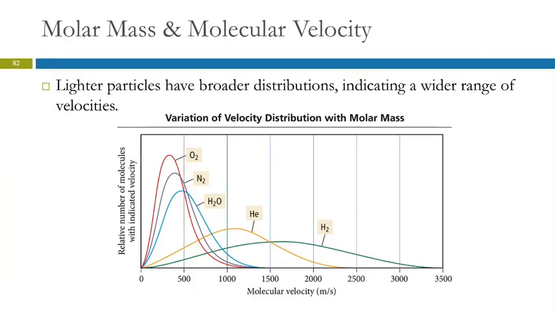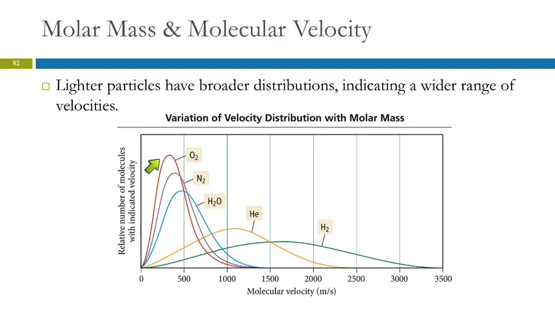So we talked about how temperature is the average kinetic energy. So there's a distribution of velocities. There's a distribution of kinetic energies. So if we look at the number of molecules in a given gas with a specific velocity, we see sort of a bell curve.